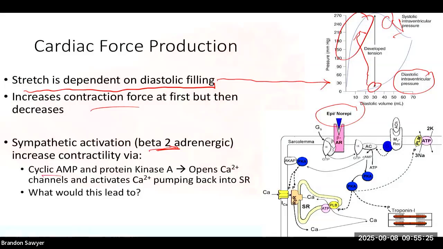That's cyclic AMP, protein kinase A, those are the things we were talking about last time. The end goal of that is to open up more calcium channels and to activate that SERCA pump that gets our calcium back into our sarcoplasmic reticulum, okay? So this would lead to increased force because of actin-myosin binding.